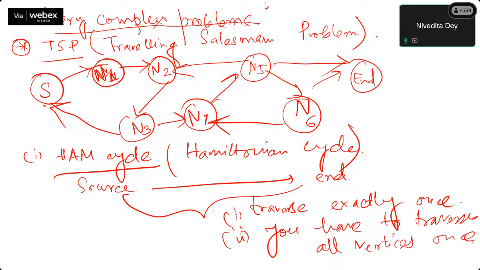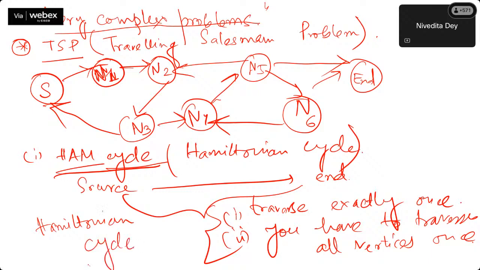That means you have to cover all the vertices, and it's a cycle. That means you have to come back to the original vertex, but only the source and the end vertex can be the same. Except for that, all the vertices you have to cover, and after covering all the vertices, you have to come back to the original one. This is the criteria, and this concept in graph theory is known as a Hamiltonian cycle. And this path is known as a Hamiltonian path.